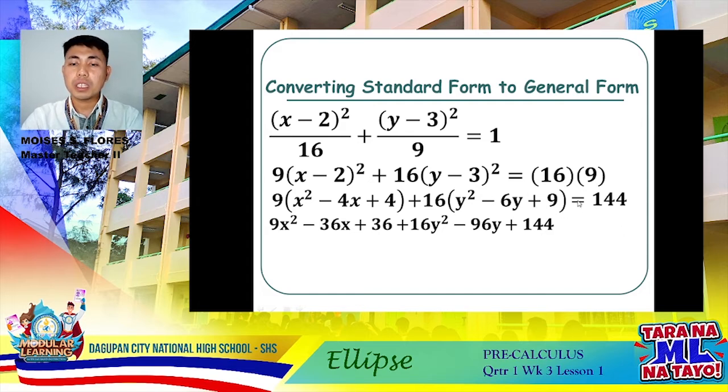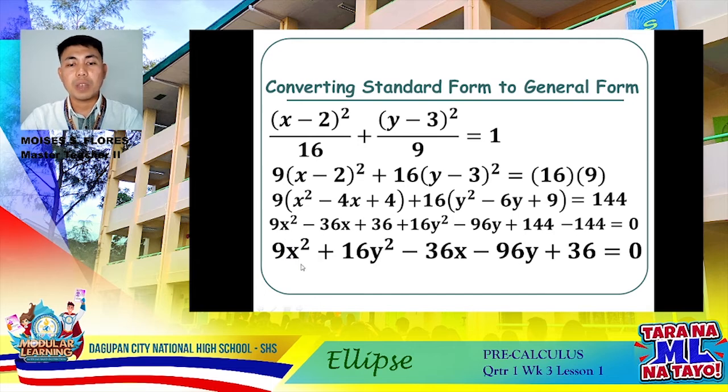And of course, we all know that in general form it is always equated to 0. So our constant here is to be written on the other side, transposed, and it becomes negative 144, then equated to 0. Afterwards, arrange it in the general form. So we have 9x squared plus 16y squared minus 36x, then minus 96y.